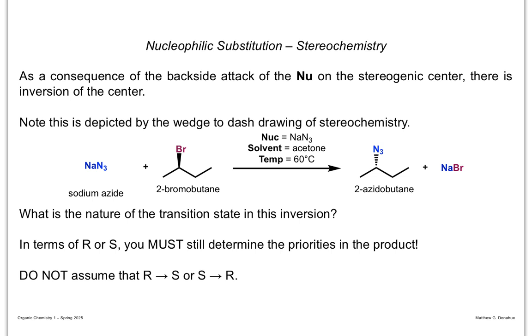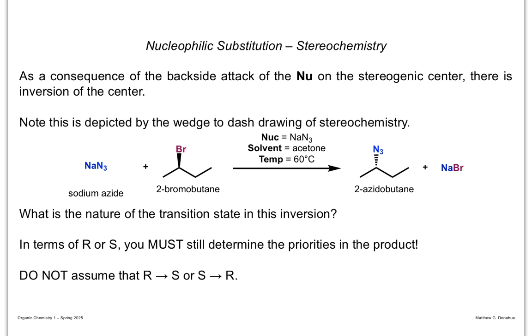So it says, what is the nature of the transition state? We can look at that secondary carbon. If we count all the bonds to it, they're all sigma bonds, right?